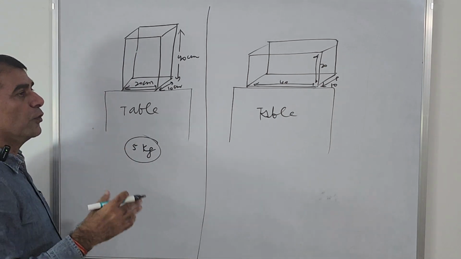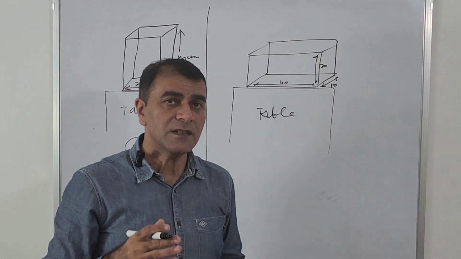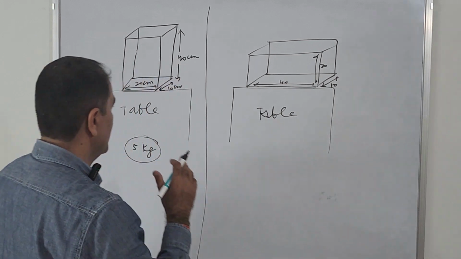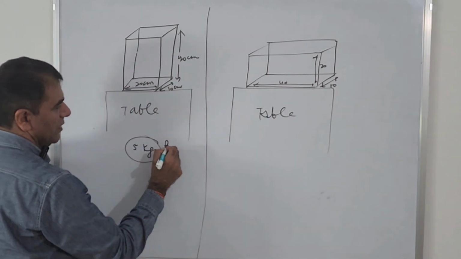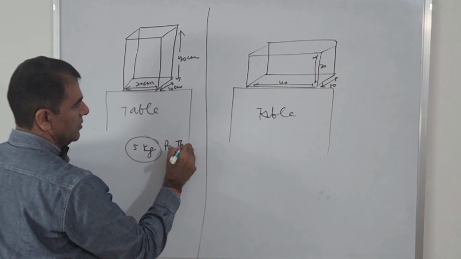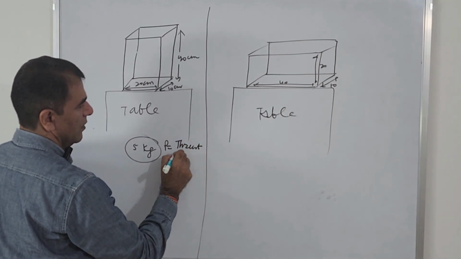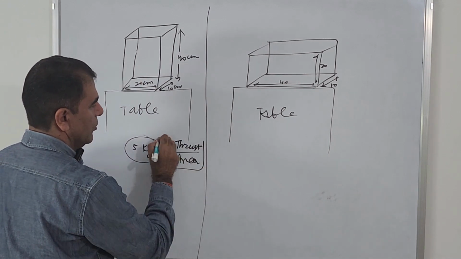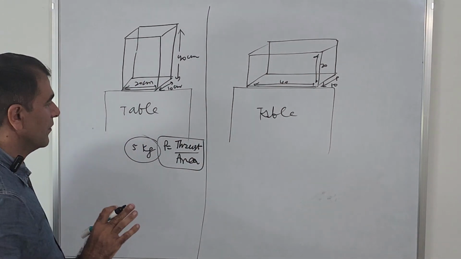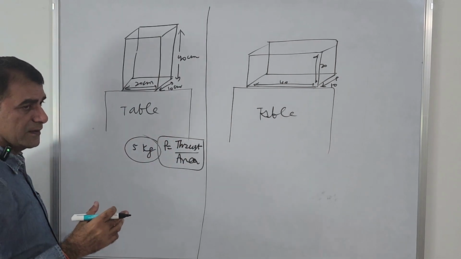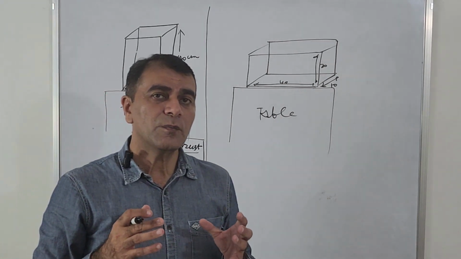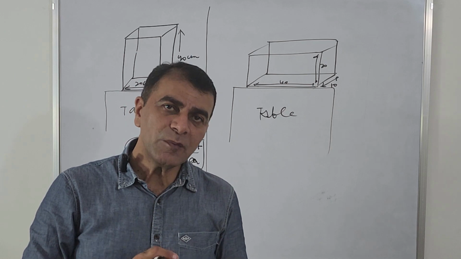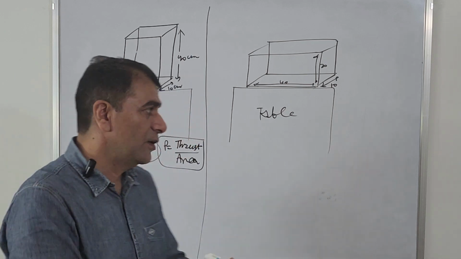Let us find the force, because pressure is nothing but thrust per unit area. What is pressure? Pressure is equal to thrust per unit area. That you know very well. So what is thrust? Thrust is the perpendicular force applied by the body on the surface.